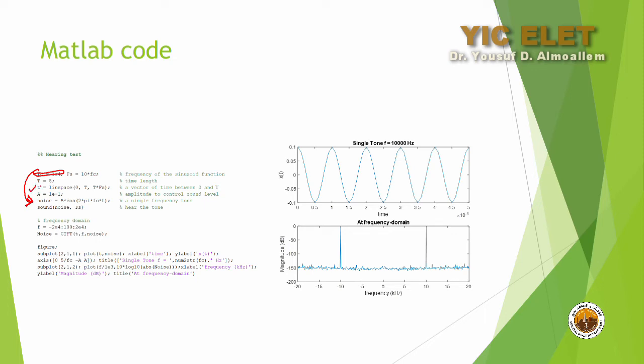This is the time axis. Then we use this noise signal to plot in the time domain. And this is the command to test and hear the noise and the tone.